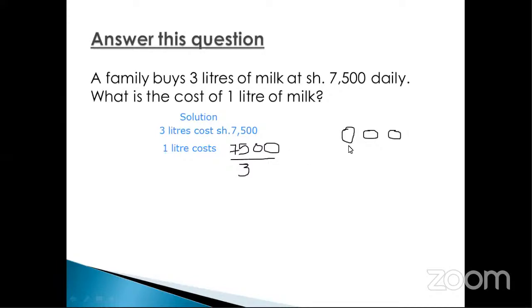Let me count 7 mangoes to 3 people. 1, 2, 3, 4, 5, 6, 7. This one is not enough. So equally, each person is getting 2. It means that 7 divided by 3, we get 2, and we remain with 1.